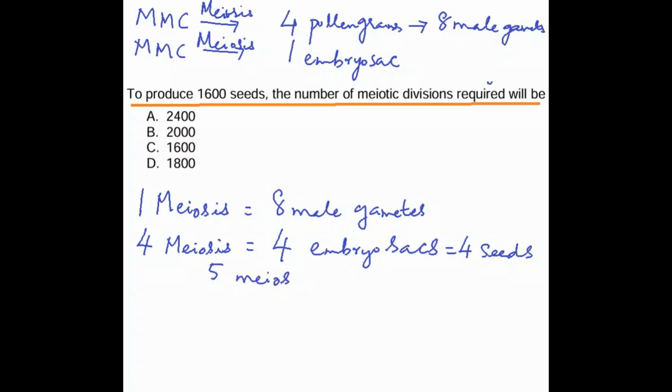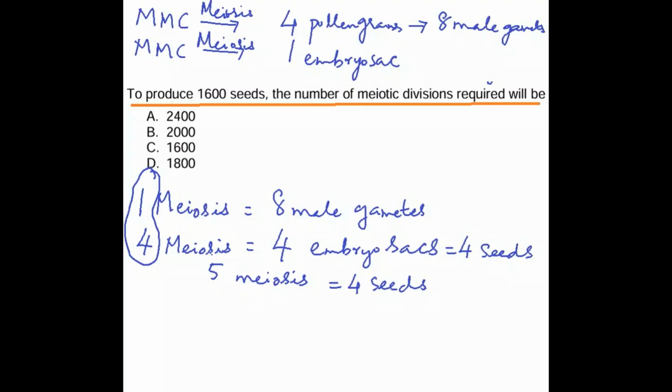Totally 5 meiotic divisions have to take place to produce 4 seeds. How did we get this 5? 1 meiotic division for producing the male gametes, 8 of them, and 4 meiotic divisions to produce 4 embryo sacs, which is equal to 4 seeds.